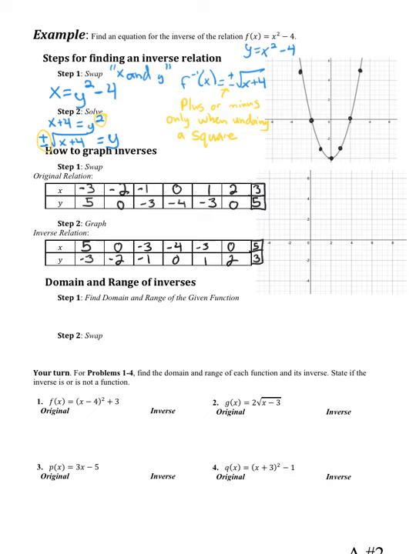Okay, so we've got all our points, and now we can go ahead and plot our inverse relation. So go ahead and take a minute and plot your inverse relation. Once we have it plotted, let's go ahead and connect all the dots. All right, I'm going to put arrows on both of my graphs, actually, the original and the new one.